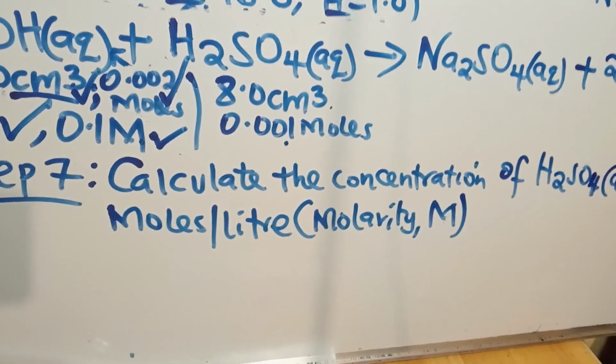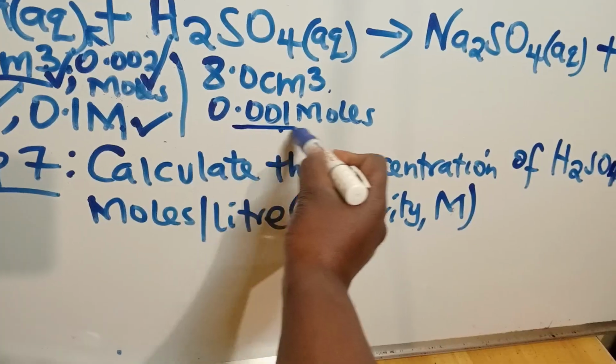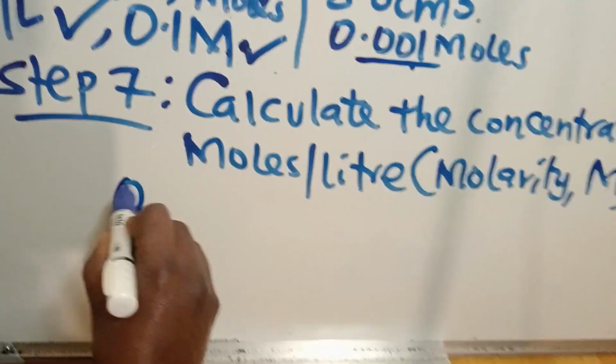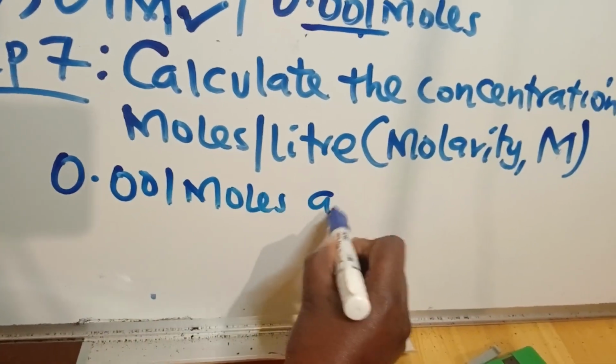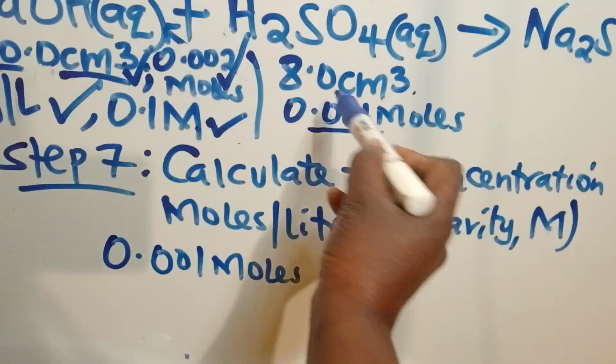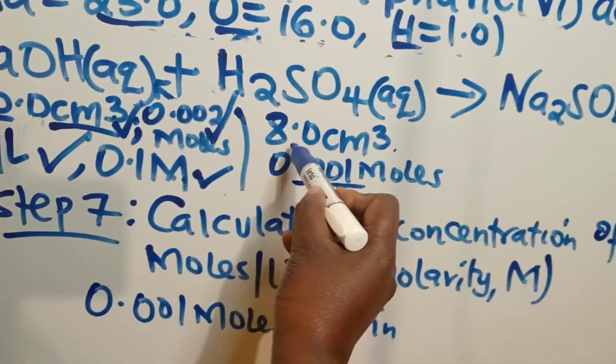How do you use it? So we take the number of moles, 0.001 moles. You say they are in this volume.